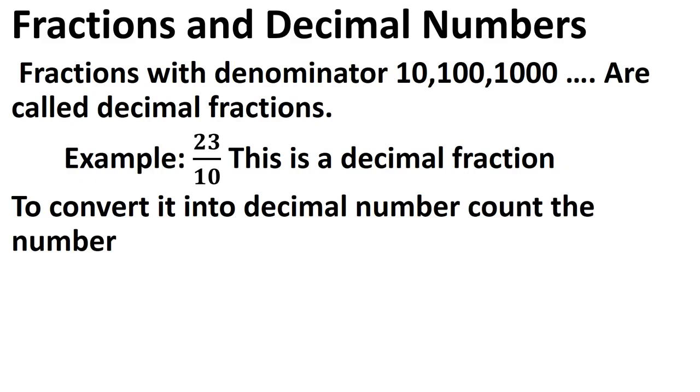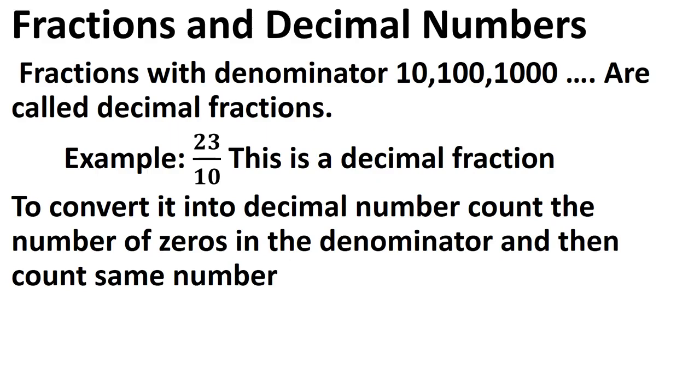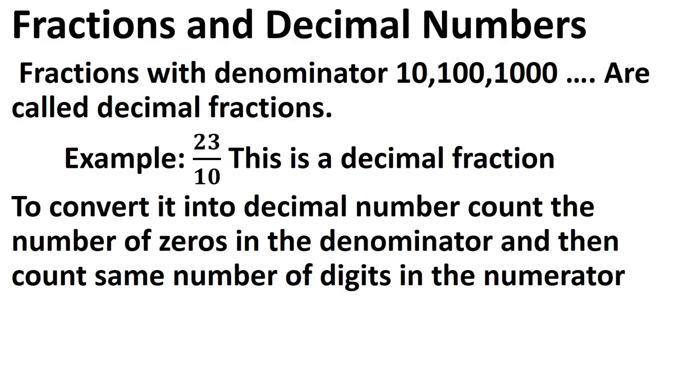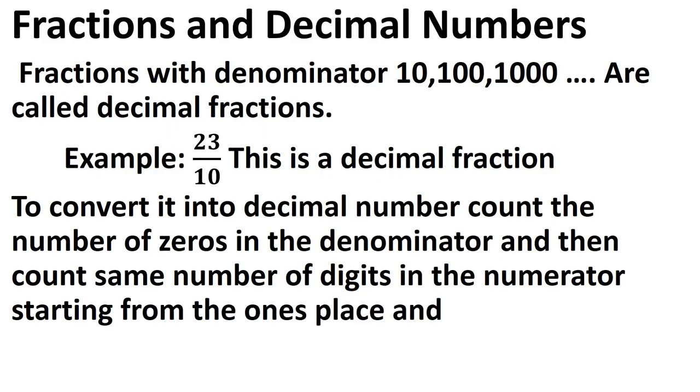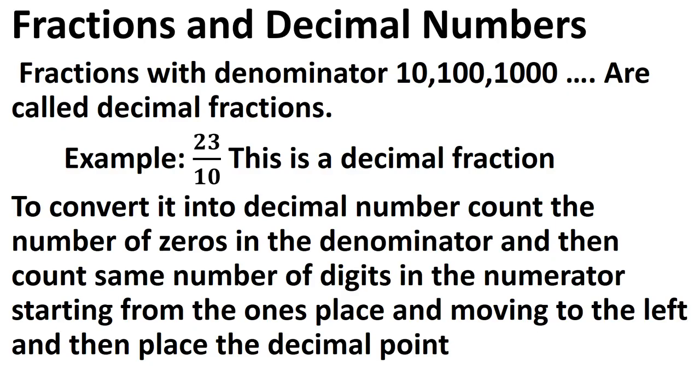Now to convert it into a decimal number, count the number of zeros in the denominator, that is 10, and then count the same number of digits in the numerator, starting from the ones place digit and moving towards your left hand side. Okay, and then place the decimal point.